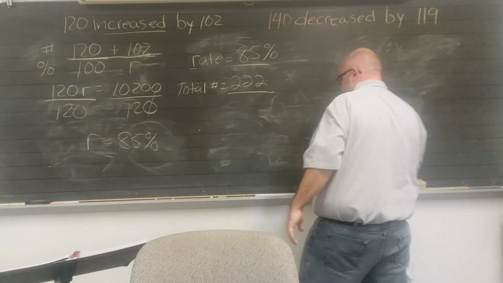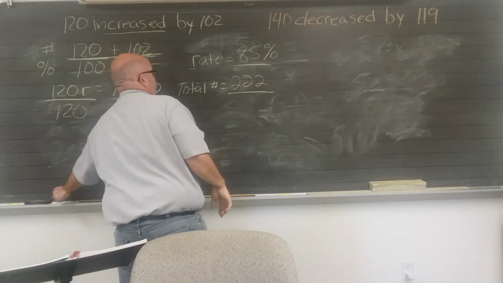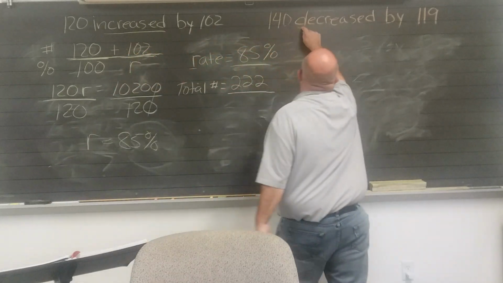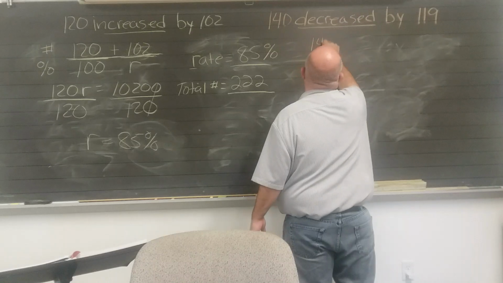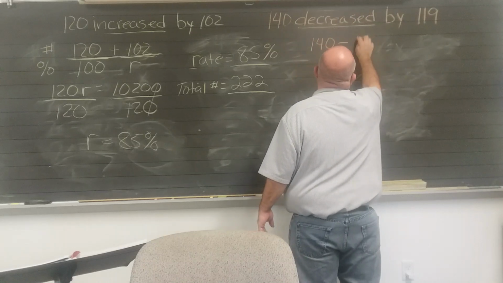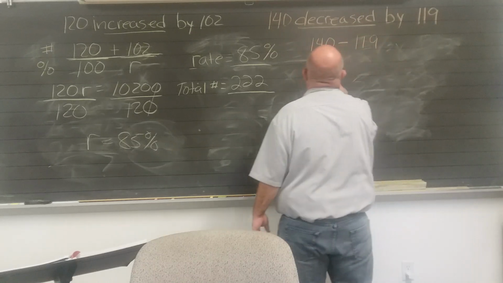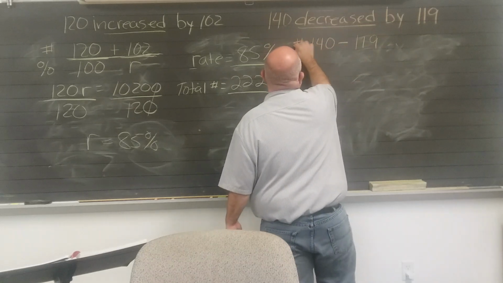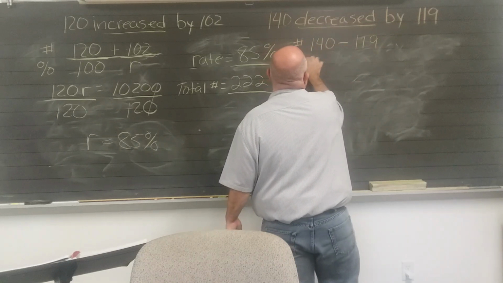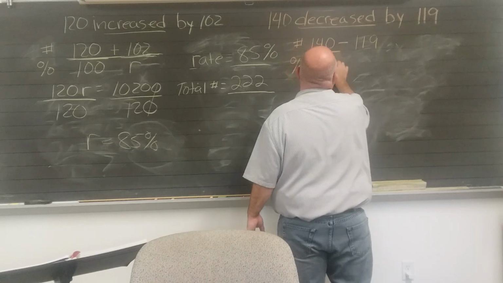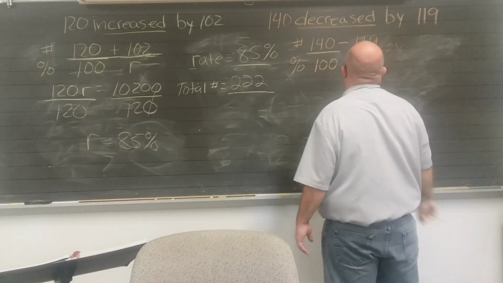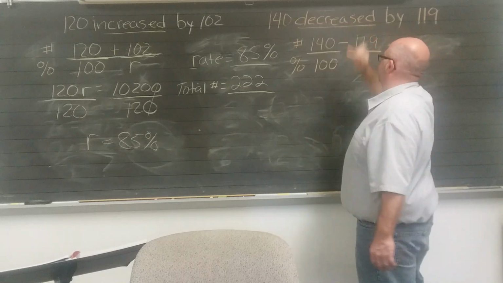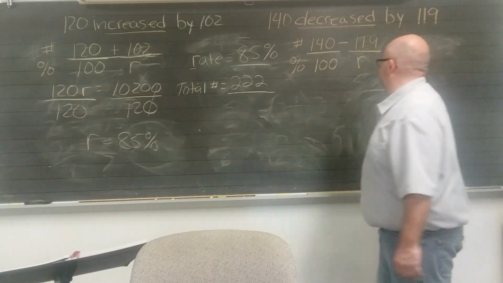Do the same thing over here, except decrease means what? Decrease means 140 minus 119. Again, you have a number and you have a percent. 140 represents 100%. Okay? Missing number, your rate of decrease. Rate of decrease is your missing number there.